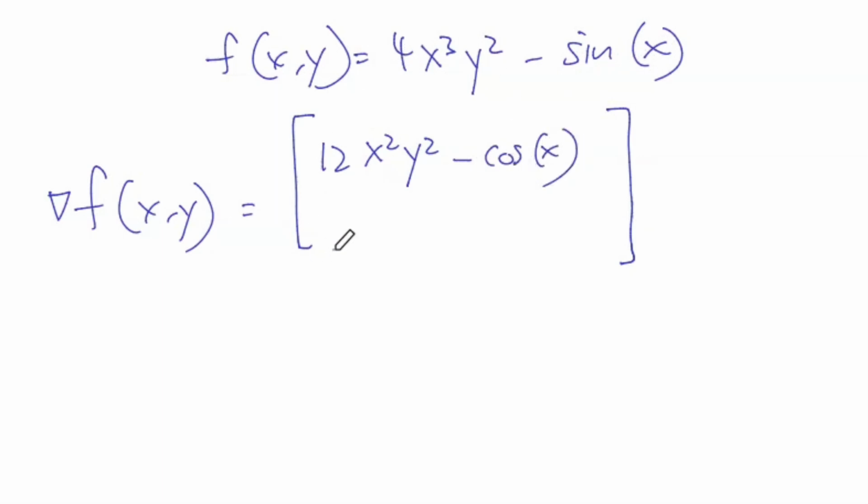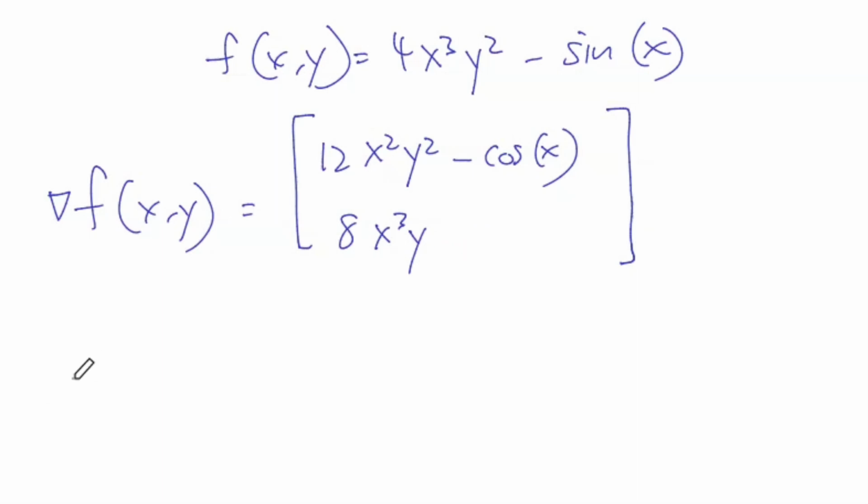Then the second is deriving over y: y squared gives 8 x cubed y, minus sin x, but deriving sin x over y you get 0. That's all. So this is the gradient of f.